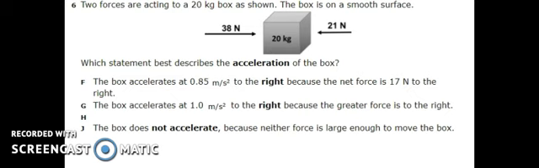F, the box accelerates at 0.85 meters per second squared to the right because the net force is 17 newtons to the right. G, the box accelerates at 1 meter per second squared to the right because the greater force is to the right. J, the box does not accelerate because neither force is large enough to move the box.